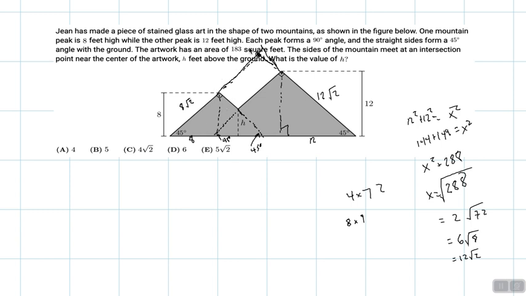Oh, an area of, oh, I wasn't even considering this here. Totally didn't read through the whole thing here. That's interesting.